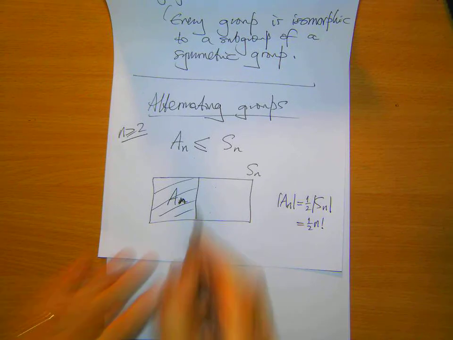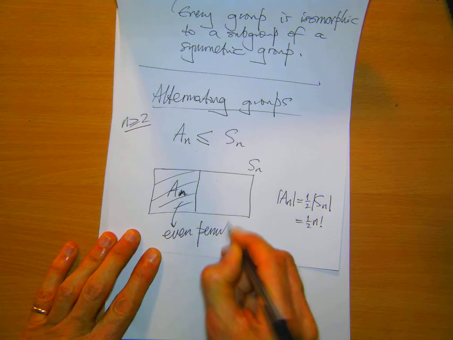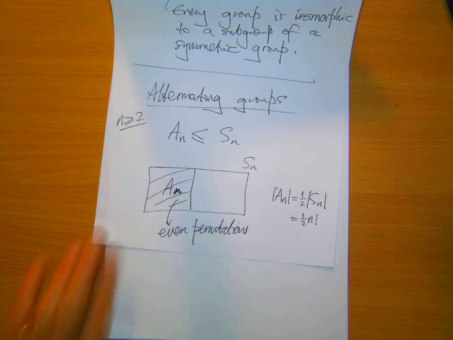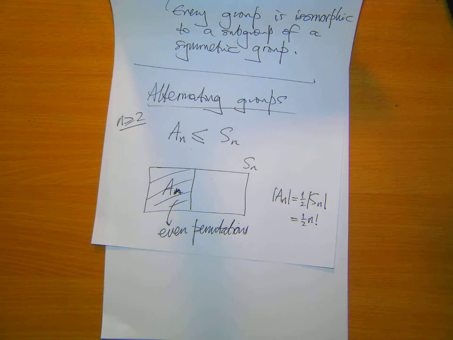And An are all the even ones. So these are all the permutations that can be written as a product of an even number of 2-cycles. So we're going to discuss this in more detail, and there's various things to prove such that this definition of even does make sense, and then this is a subgroup.